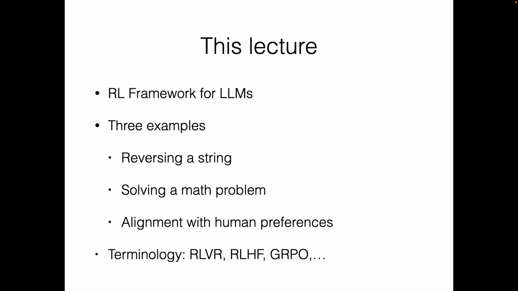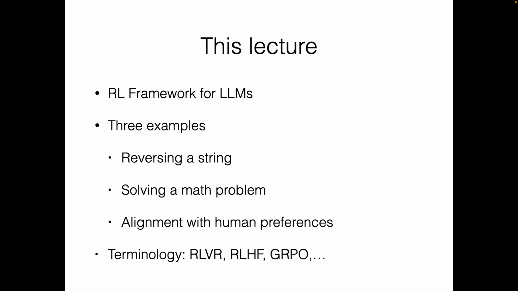But this is actually going to be pretty representative of a lot of these, it's called RLVR, reinforcement learning with verified rewards. And the second example, solving a math problem, will actually end up looking pretty similar to reversing the string. But for this one, we'll look at a recent paper and see what results they got.